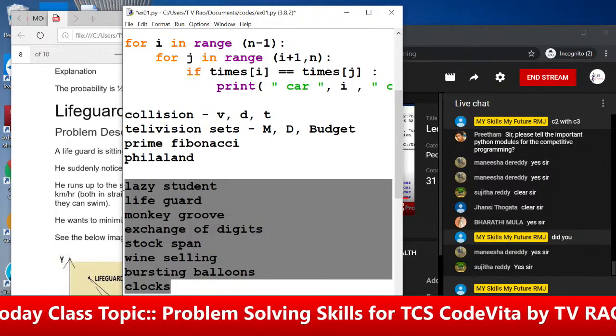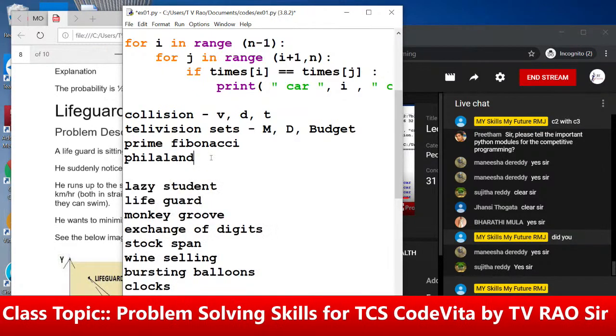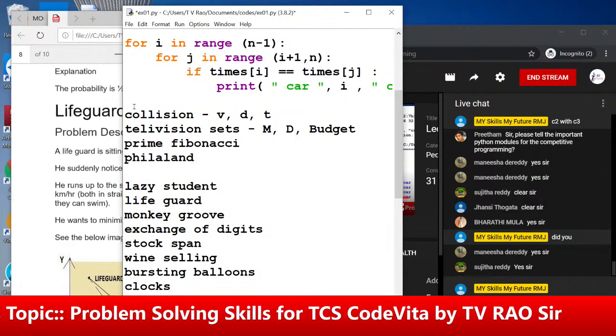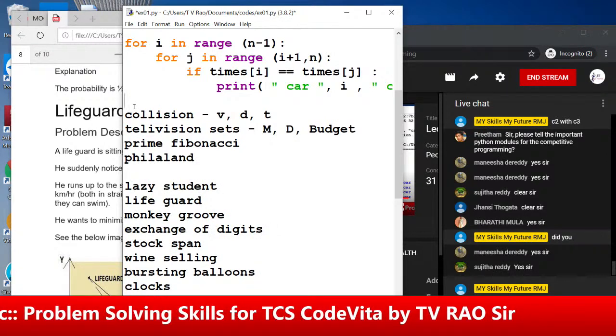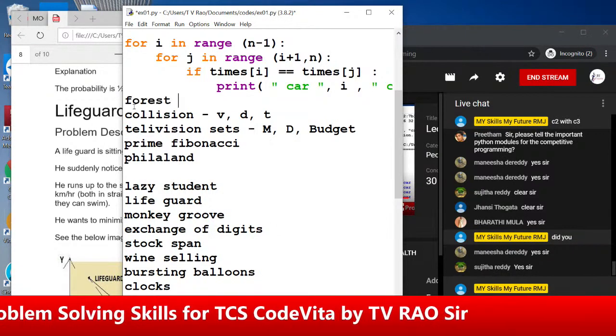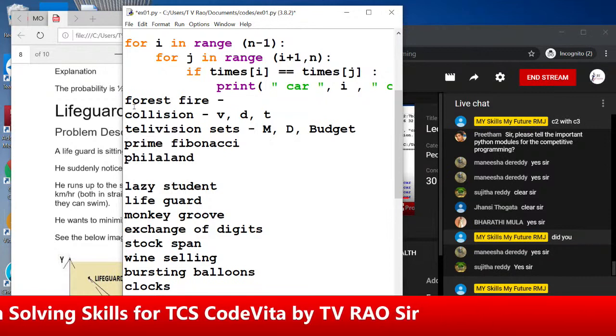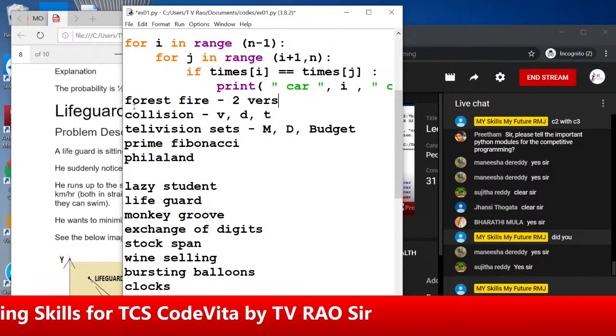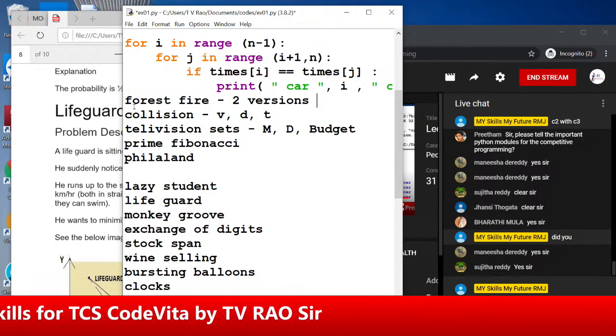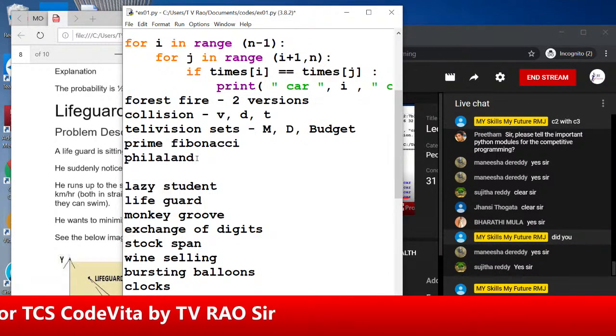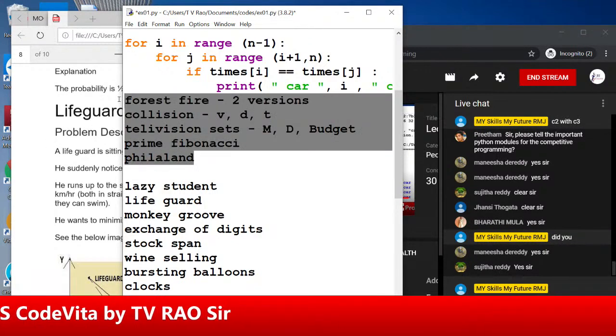Is this clear? And so far we did these 4 problems, and we also did the forest fire problem, 2 versions of it. So far 5 problems are discussed with solutions.